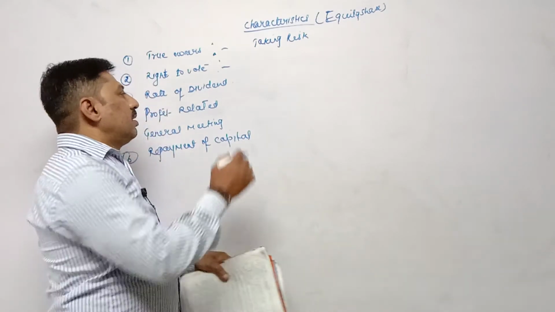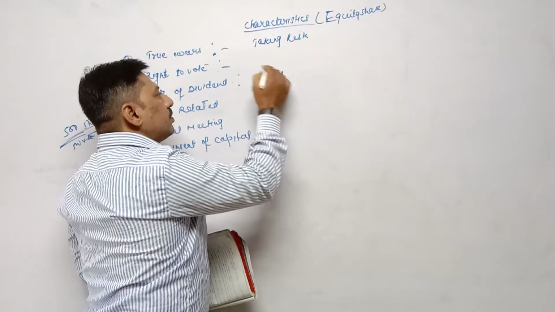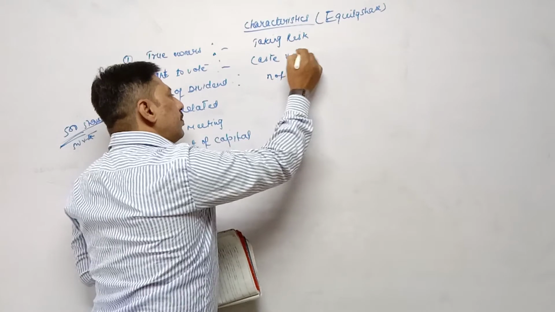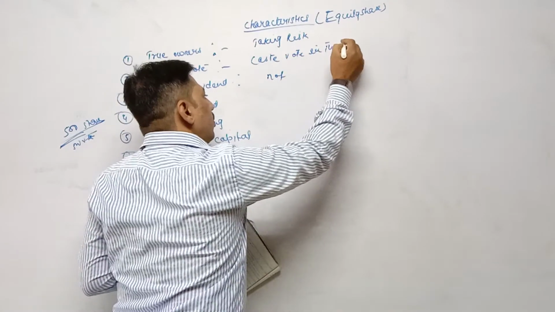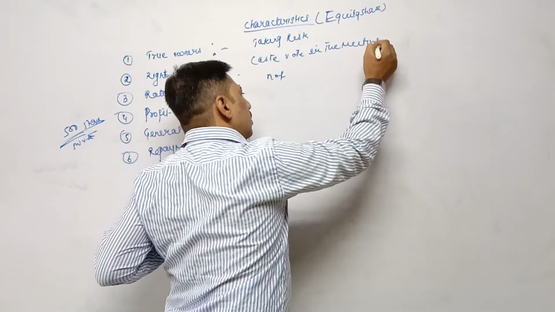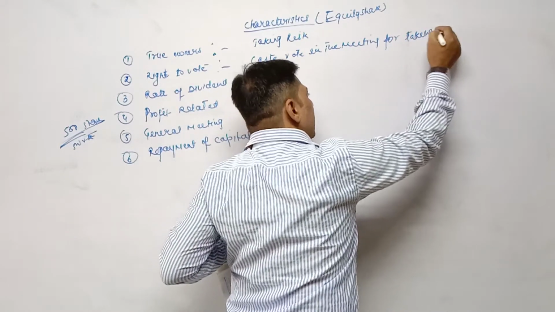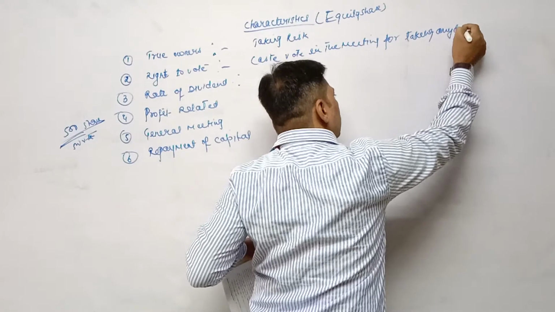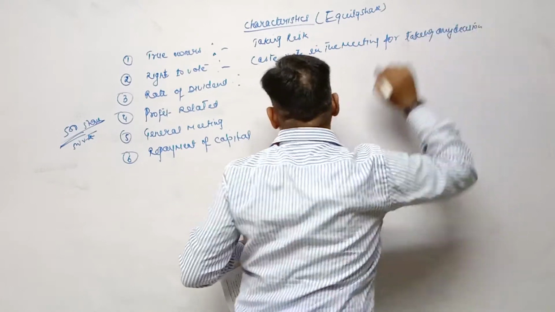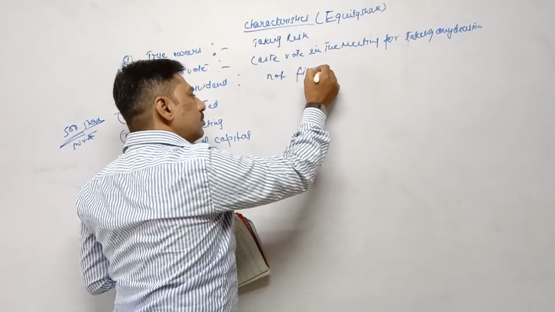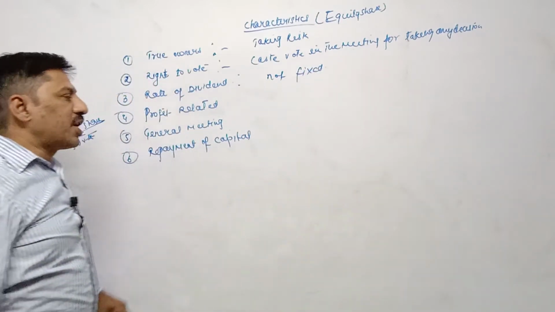Rate of dividend, which is not fixed. So rate of dividend fluctuates every year.